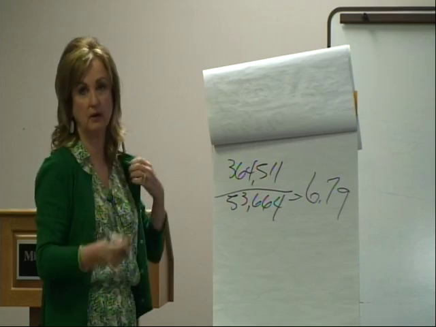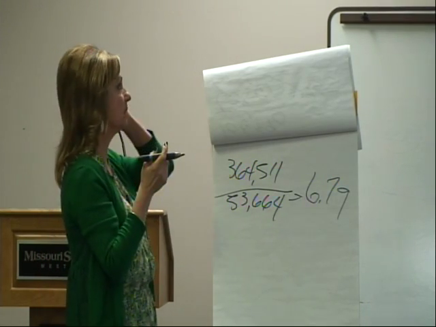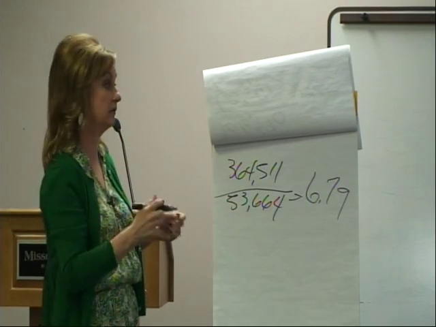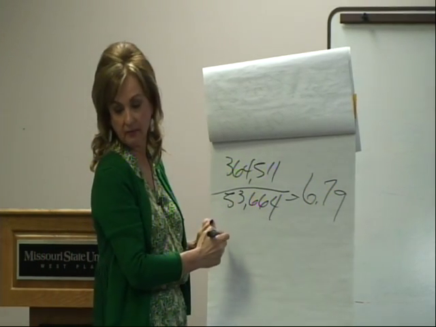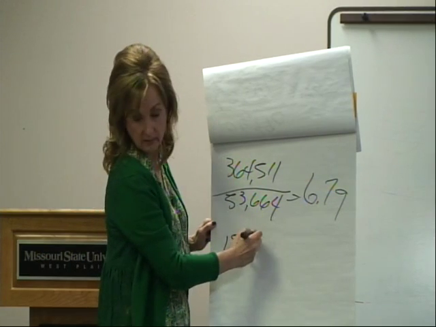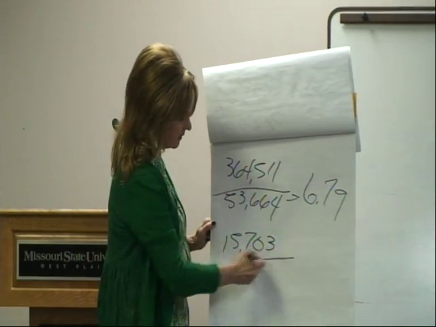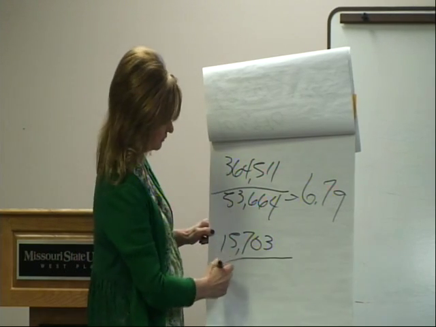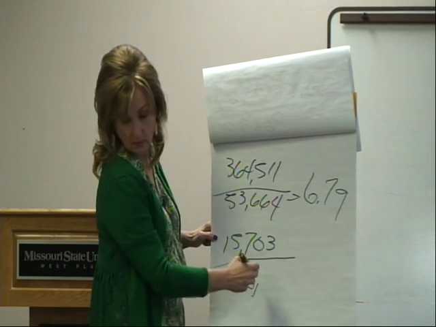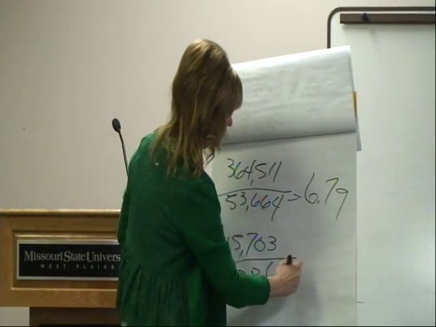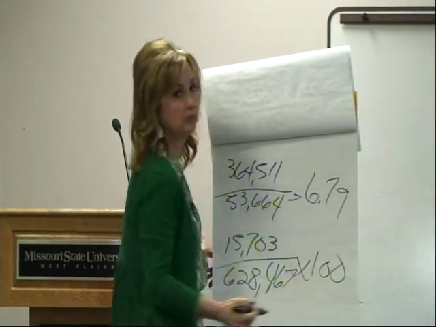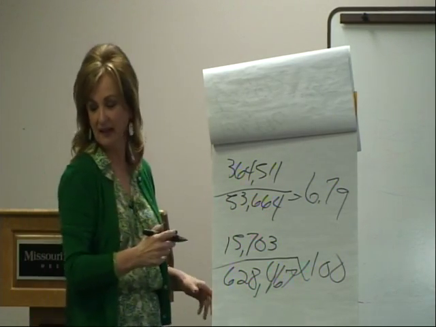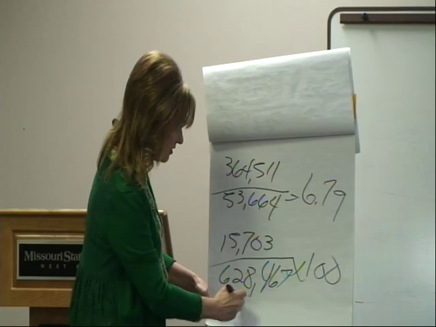Last one, return on equity. I have so much invested in this company. How much am I, as the owner or the equity owner, getting out of it? I have net profit on the top, 15,703, divided by sales on the bottom, 628,467, times 100, because I just want to convert it to a percentage. 17.54.